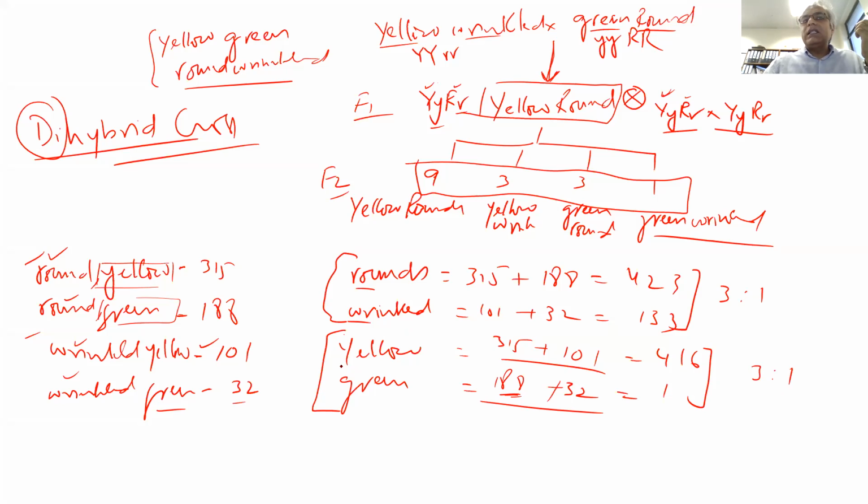Round, wrinkled, yellow, green. So there is no change in the underlying 3:1 ratio, which was originally received in the monohybrid cross. Which means underneath these 9:3:1 ratios, there are two hidden 3:1 ratios.